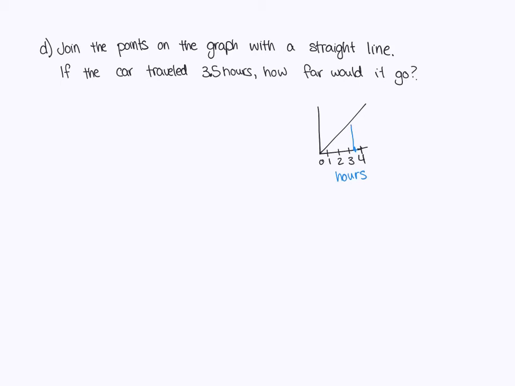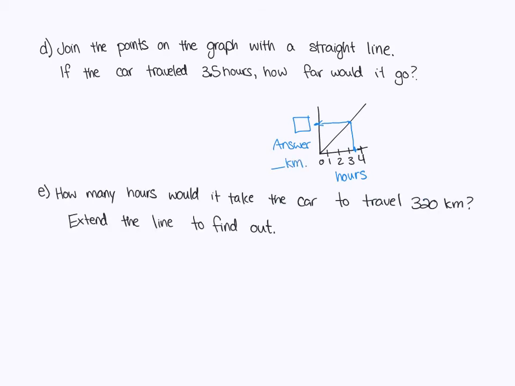So it's like you'd look up at a straight line to see where it matches, and then go over to the side to see where it matches on the y-axis. So whatever number it matches up with there is your answer for how many kilometers. The final question asks you how many hours would it take the car to travel 320 kilometers.